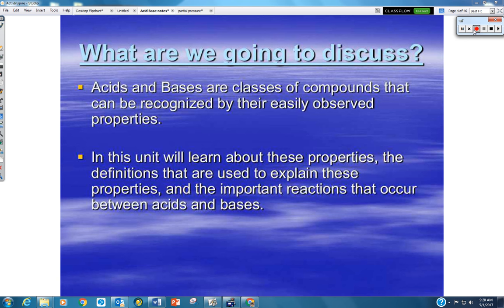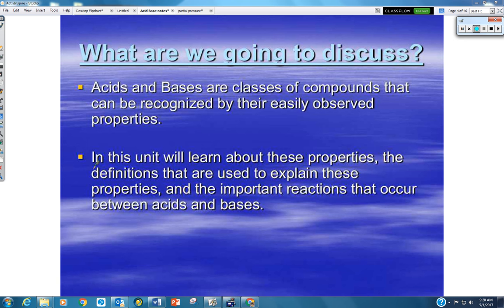Just looking at this, could you really tell what it is unless I told you it's an acid or a base? No. By observation, you don't know what it is. For all we know, this could be salt water, it could be plain water, it could be any number of things, but in reality, this is 3 molar hydrochloric acid. No, that was nitric acid. That was 15.8 molar nitric acid.